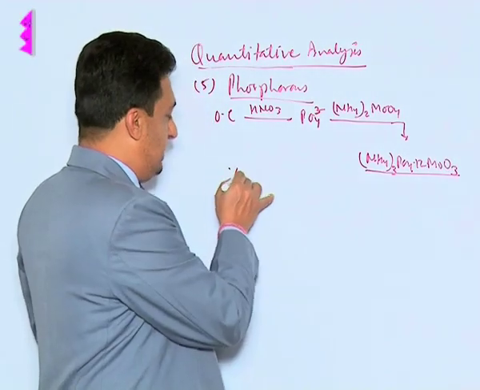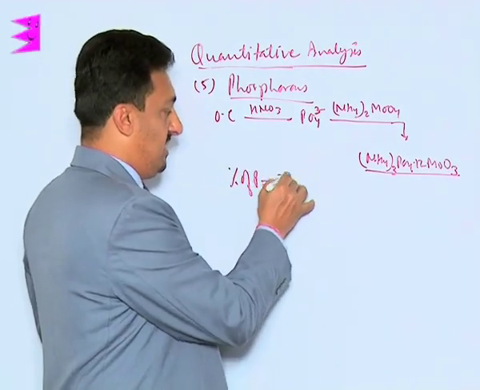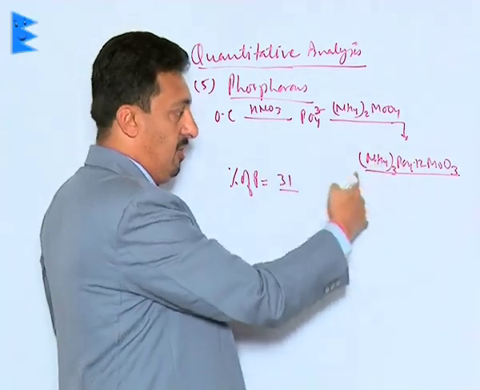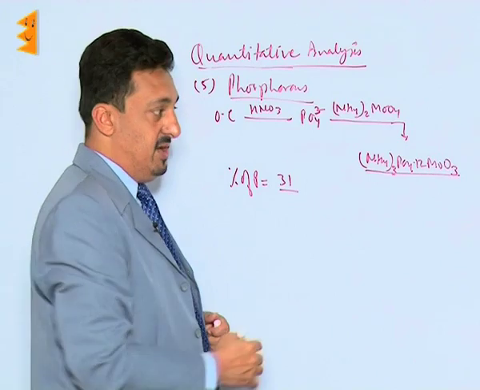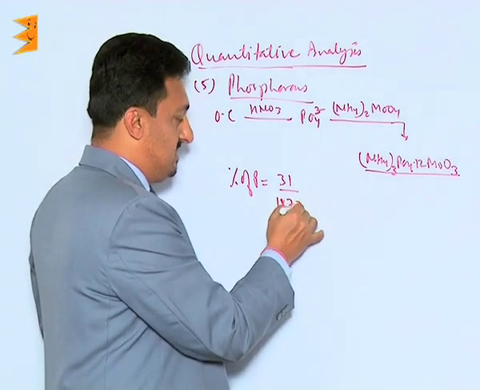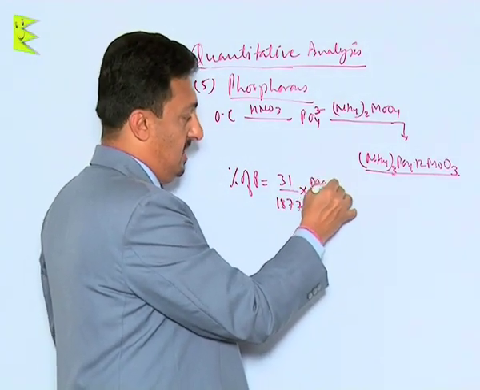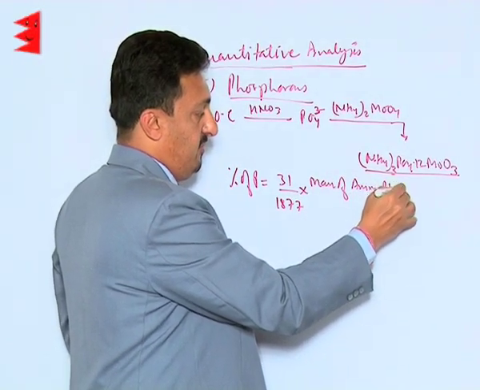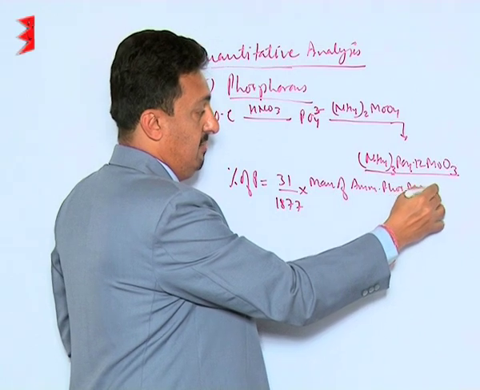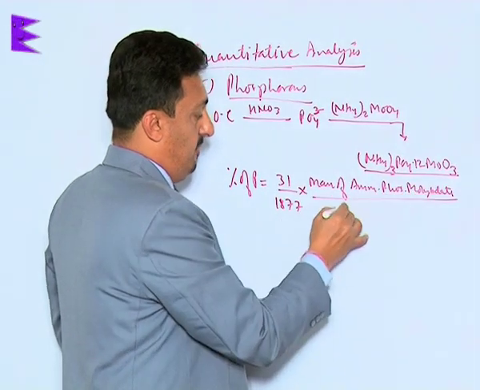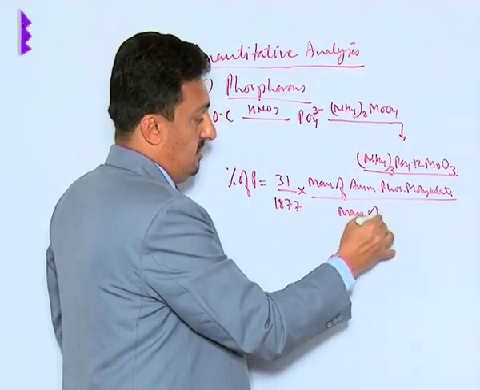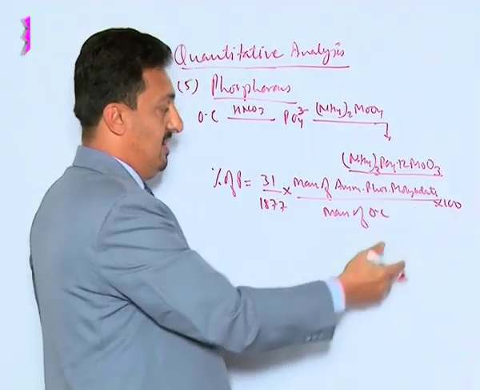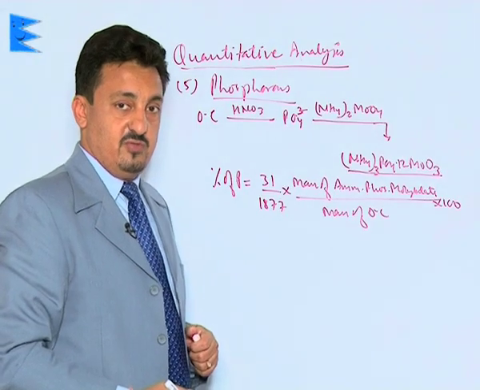So the percentage of phosphorus will be 31, because this compound contains only one phosphorus, and the whole mass of this ammonium phosphomolybdate is 1877, into mass of ammonium phosphomolybdate upon mass of organic compound into 100 will give us percentage of phosphorus.